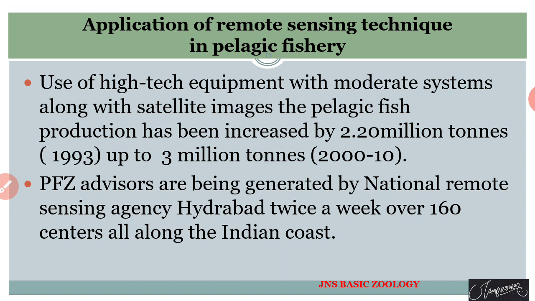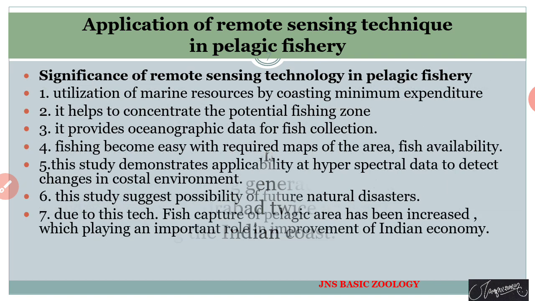PFZ advisories are being generated by the National Remote Sensing Agency, Hyderabad, twice a week over 160 centers all along the Indian coast. By this agency, which has 160 centers all along the Indian coast, the data is provided to the fishermen.